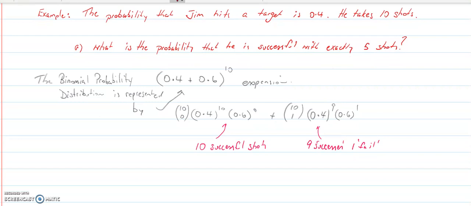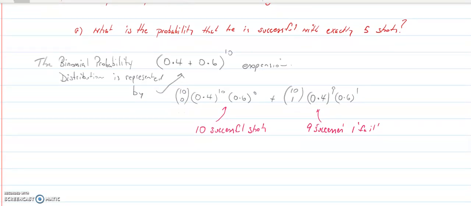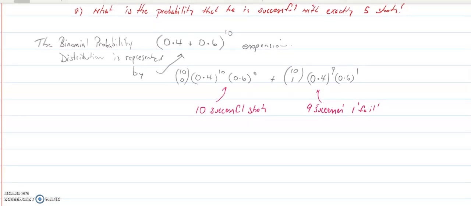Now look at this. What is the probability that he is successful with exactly 5 shots? So this is like saying with a binomial expansion, what's the coefficient of x to the power of 5 in a power 10 expansion? What we're interested in here is a specific 5 successes.